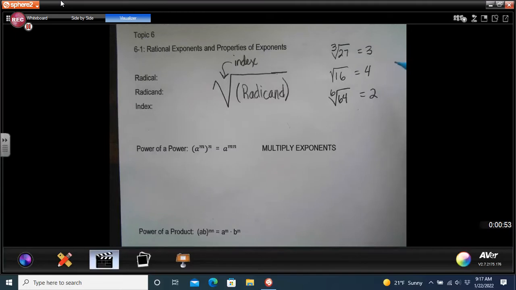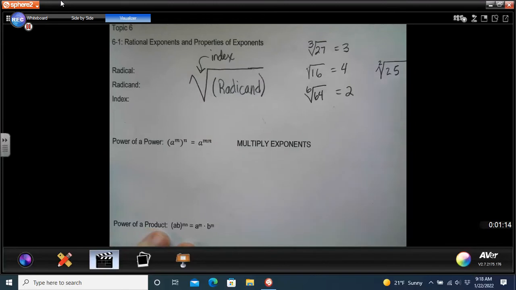It is a radical symbol. Square root only pertains to when this index is 2. And for the square root, if there's nothing written here, it's understood to be the square root. We don't generally write the 2, because that's the one we do most.